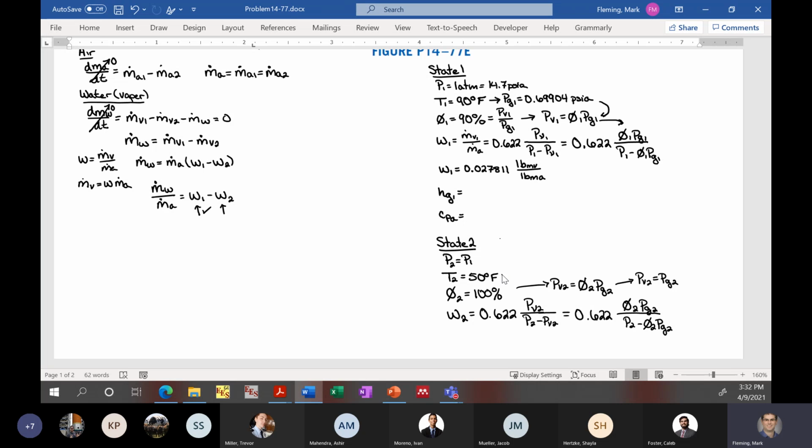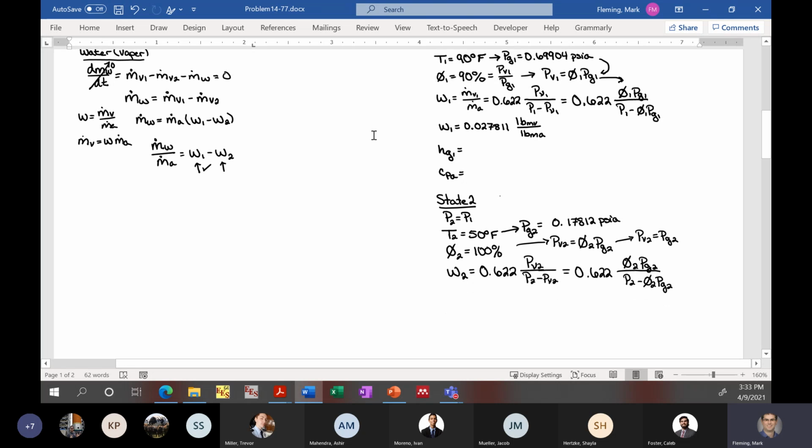All right, so like the last time, all we need to do is get the saturation condition. We have our temperature, and once we know the temperature, we can just complete the lookup. So P sub G2 is going to equal 0.1782 psi absolute. Sorry, I had one too many zeros in there.